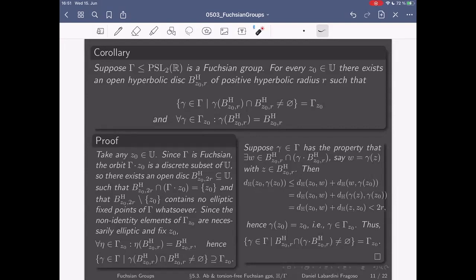And then it's exactly the same trick as before. We suppose there exists some element W in this intersection.